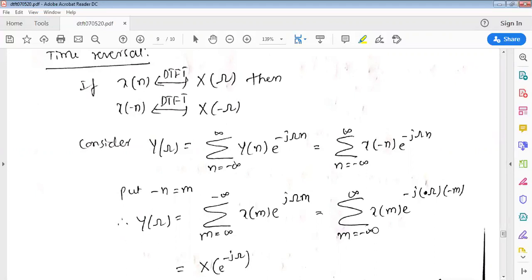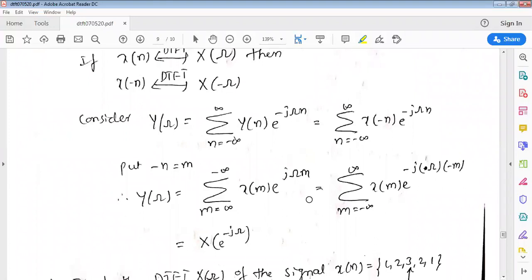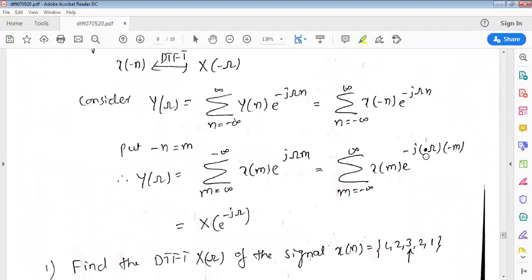So m equal to minus infinity to plus infinity, x of m into e power minus j omega. Instead of plus m, I'll make minus m. So totally it will become plus only. Minus of minus is plus. I'll write minus j omega into minus m.